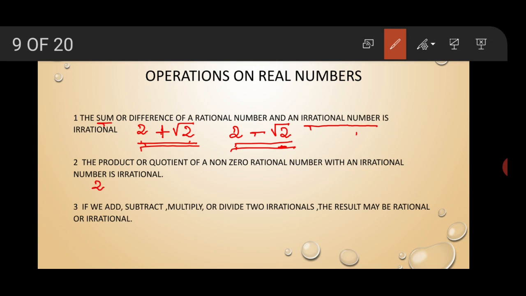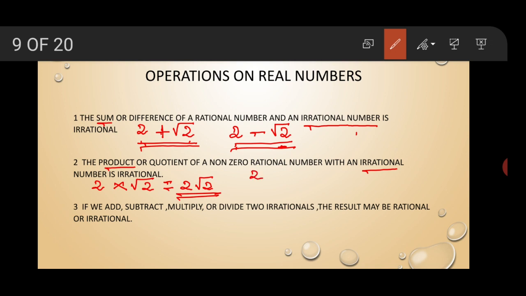Take the same example. 2 is a rational number, square root of 2 is an irrational number. 2 and square root of 2, their product means what? 2 into root 2 is equal to what? Simplify, 2 square root of 2. Yes, we can't simplify further. So 2 root 2 is an irrational number, right?